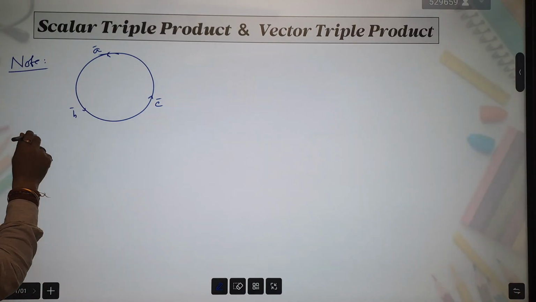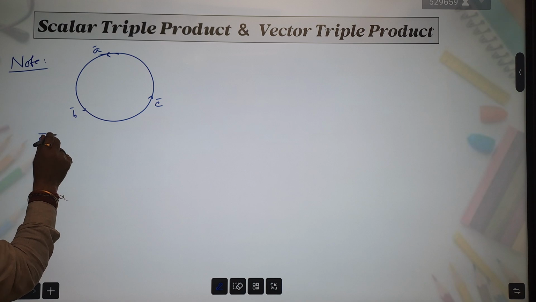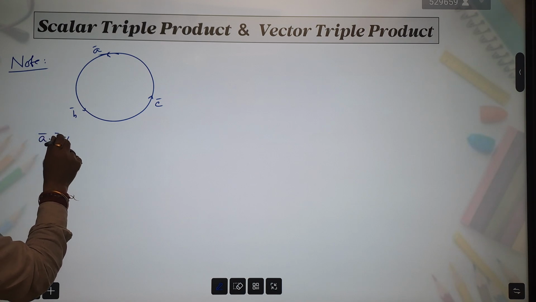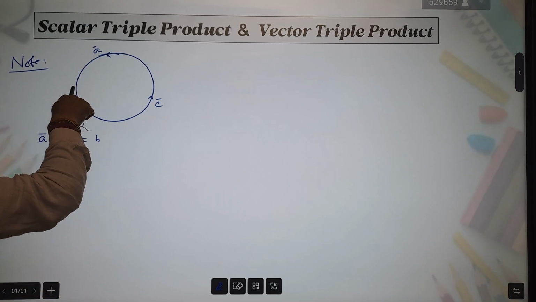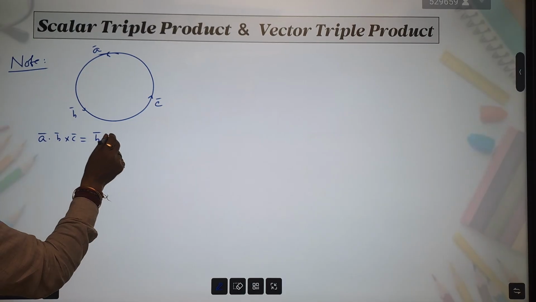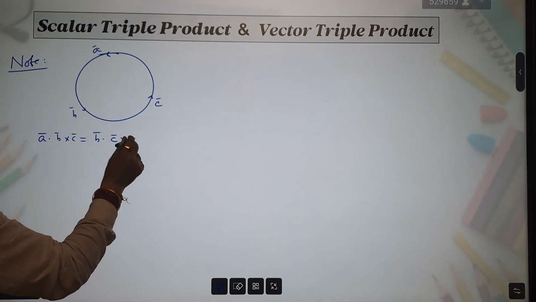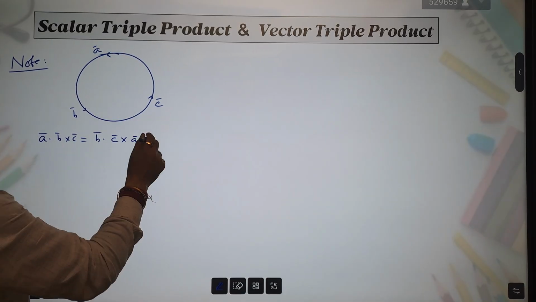Just I proved A bar dot B bar cross C bar is same as B bar dot C bar cross A bar is same as C bar dot A bar cross B bar.